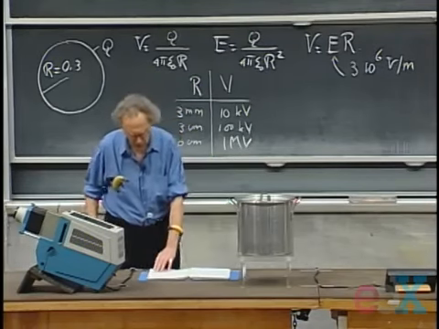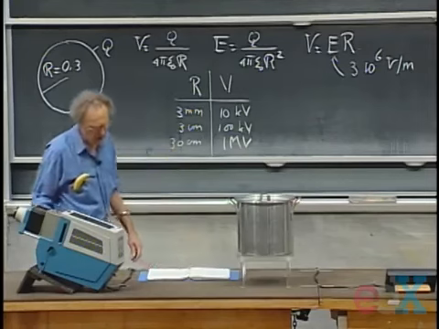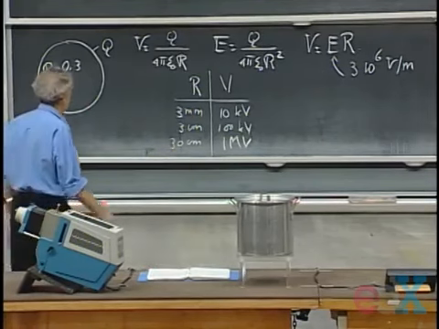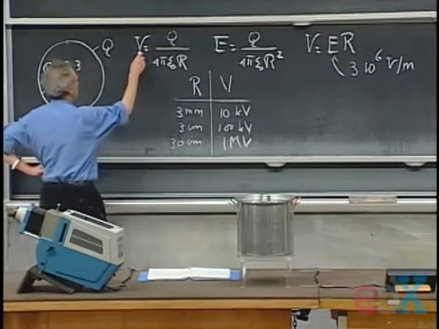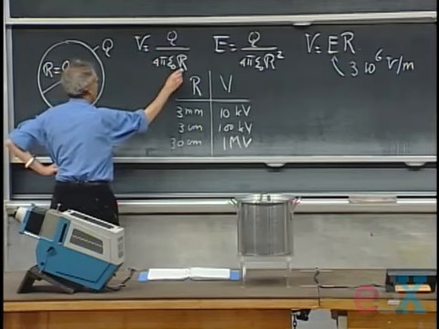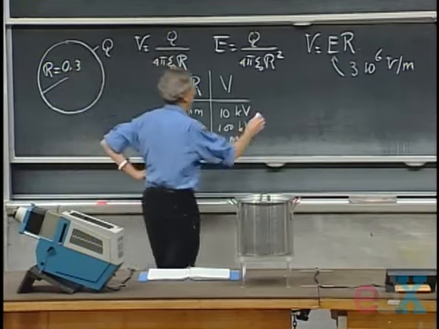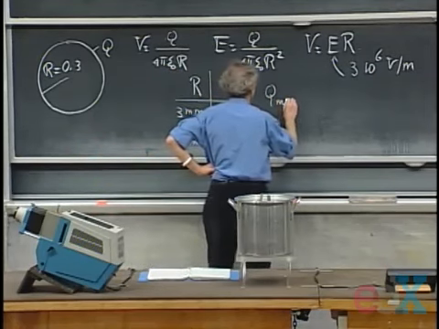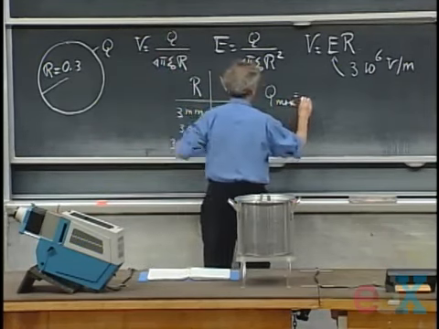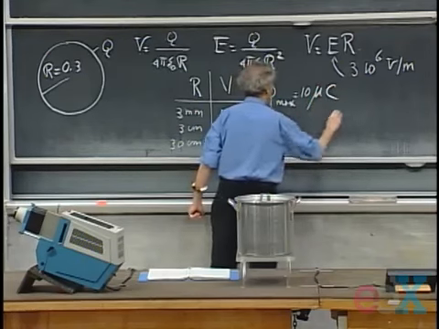You can now also calculate what the maximum charge is on the Van de Graaff, because if the maximum potential is 300,000 volts, you know the radius is 0.3 meters, so you can calculate now what the maximum charge is that you can put on the Van de Graaff. Using that equation will give you 10 microcoulomb.